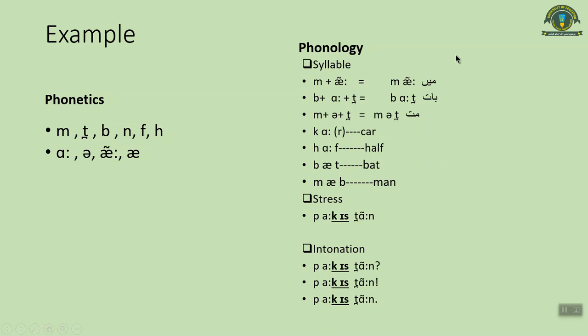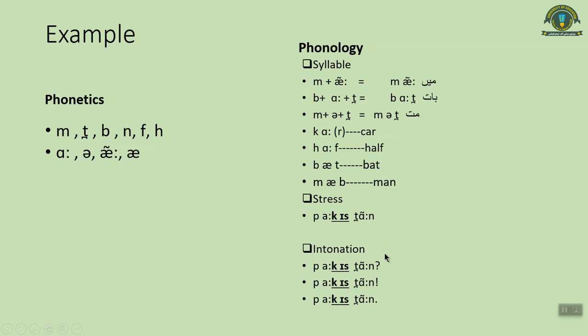So phonology actually will deal with a particular language. If we are studying the phonology of English, we will be looking at its English syllable structure, we will be looking at English stress, and we will be looking at English intonation.